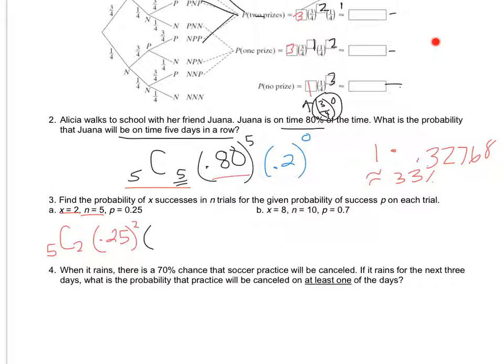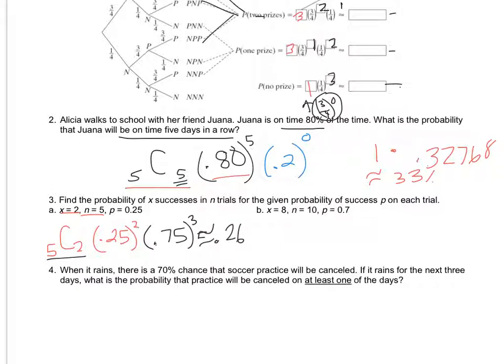And the probability that you're not a success has to be 0.75, and then the number of trials that are left is 3. So you're going to calculate 5 choose 2 times 0.25 squared times 0.75 cubed. So I'm going to do that in my calculator right now. So that is approximately 0.26.